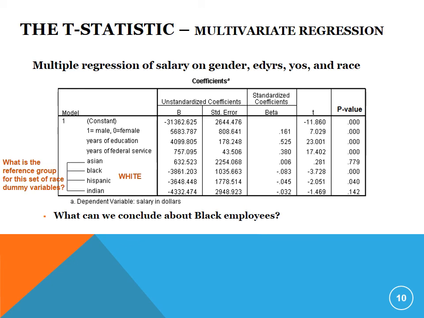Okay, so getting back to the question here, what can we conclude about black employees? Well, the first thing we go to is that column, and we look for the T statistic for the black variable, and it's negative 3.728. The second thing we do is we think, okay, is this number in the fly zone or the no-fly zone?